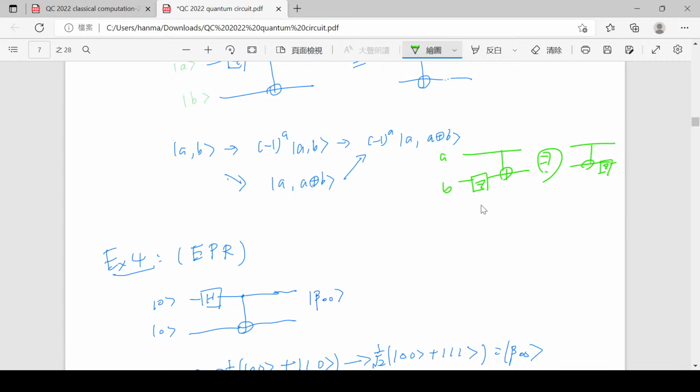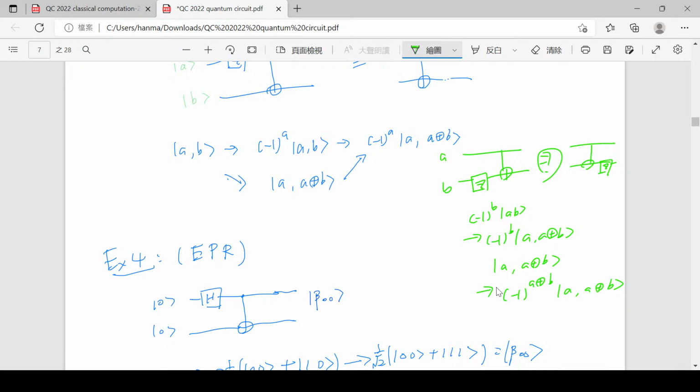This is A and B here, and here it should be minus 1 to the B, AB, and at the end it should be minus 1 to the B, A, A plus B. And for this other one, after the C naught it should be A plus B, and then you do this Z, and it should be minus 1 to the A plus B, A, A plus B. So indeed they are different.